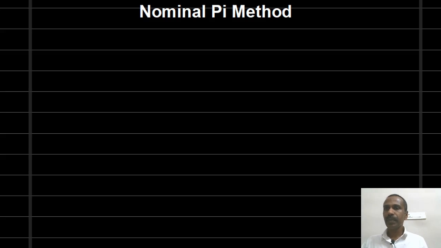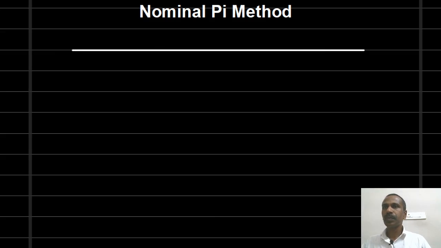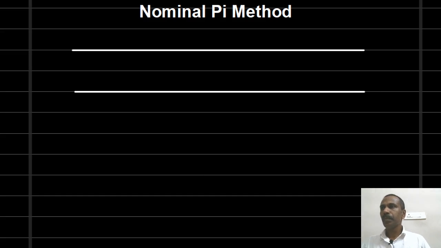Let me draw the transmission line. Actually, this is a three-phase system, but we assume that it is a balanced system. So the analysis of a single-phase system is sufficient when the three-phase system is balanced. The capacitors are placed at both the ends in the case of the nominal Pi method.